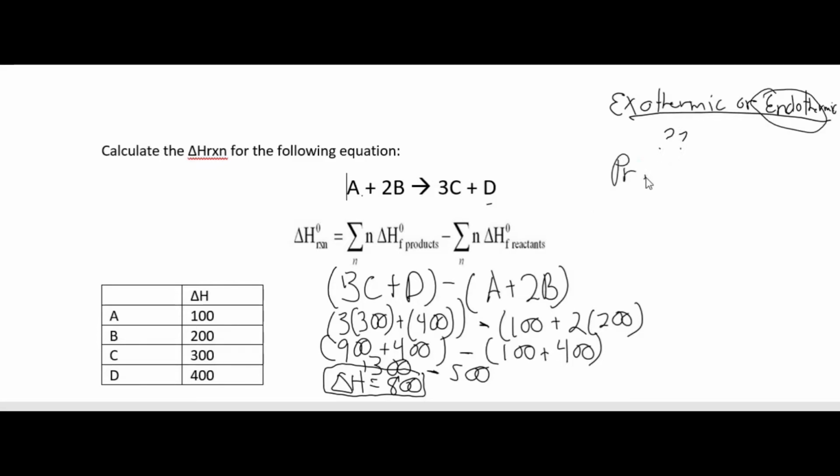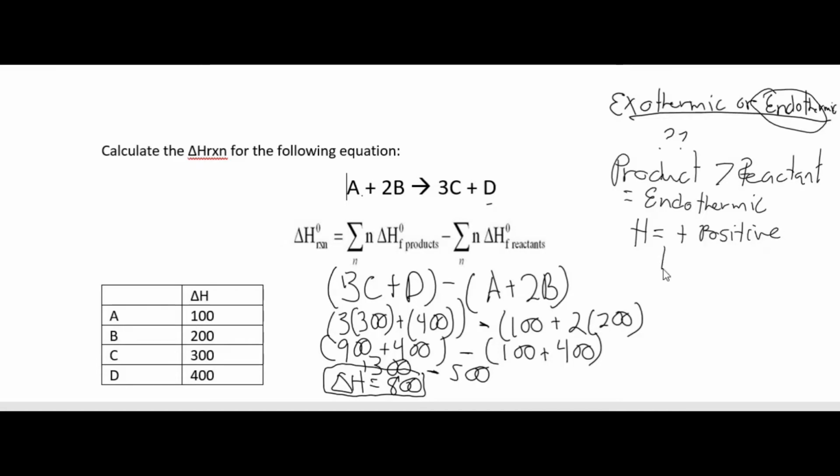If product is bigger than reactant, then it is endothermic. If H is positive, then it is endothermic.